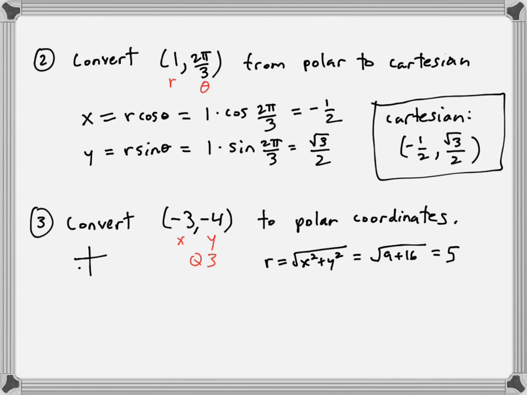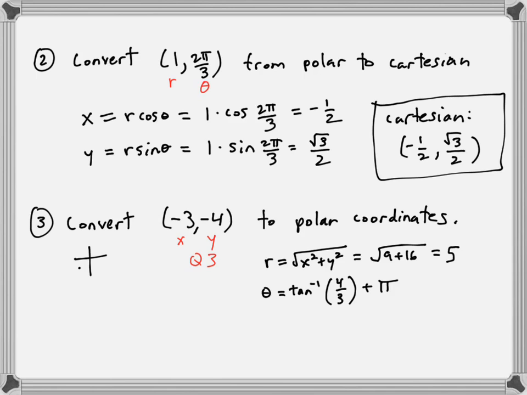How about theta? We know that theta is going to be arctan of y over x. So -4 over -3 is the same as 4/3, but I have to add pi to it. Now, arctan of 4/3 is not a nice angle. It's not one of the special angles that we know. So I'm just going to leave it like that.